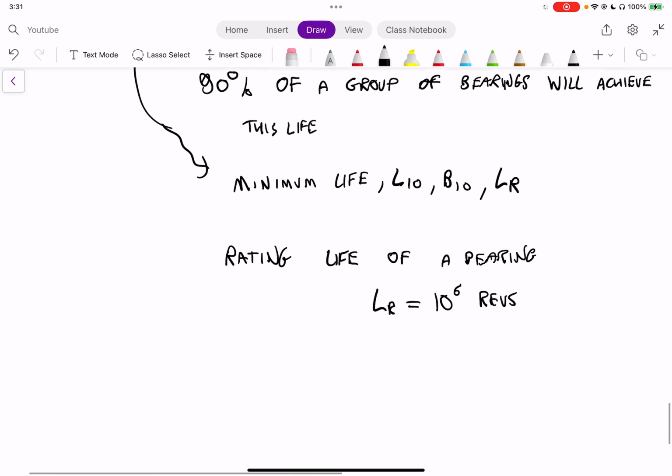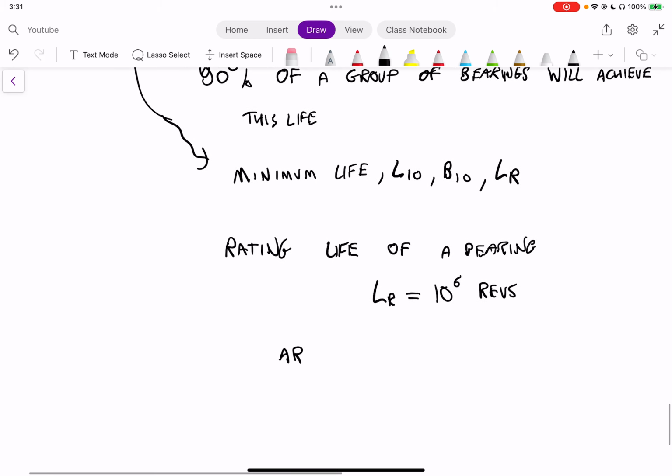Okay, and I'll write it in my notes so that you have it, but this is an arbitrary reference point. And based on this arbitrary reference point, we can now start looking at how this will be used later on.